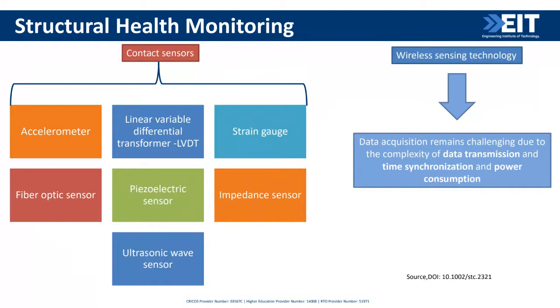And in terms of sensors, we have these two main groups nowadays. Contact sensors: as I said before, accelerometer, LVDT, strain gauge, piezoelectric sensor, ultrasonic wave sensor. These are the traditional ones. They are directly attached to the structure. But nowadays, we have the wireless.